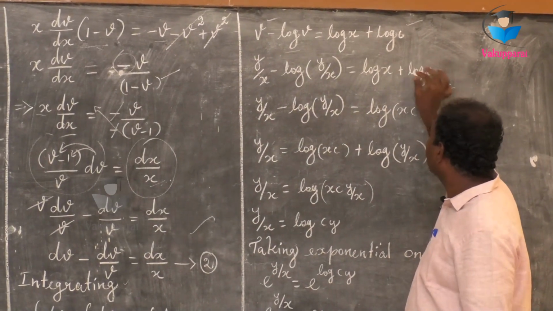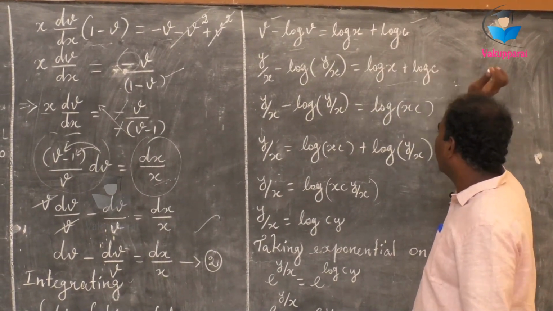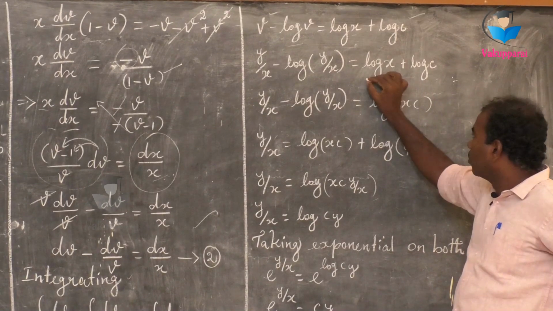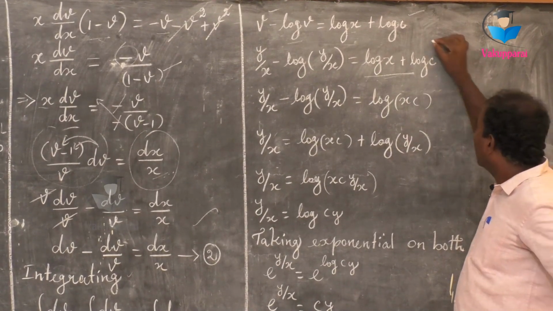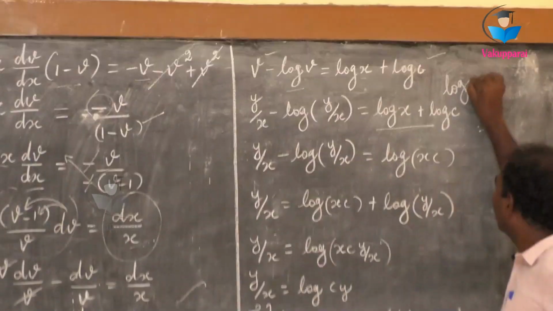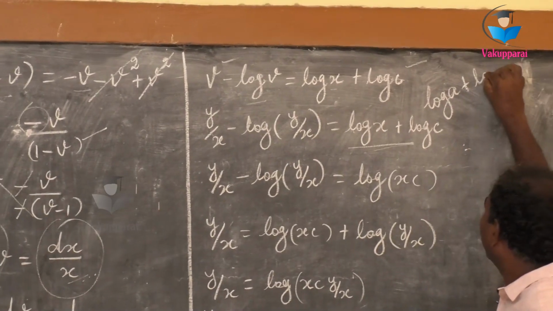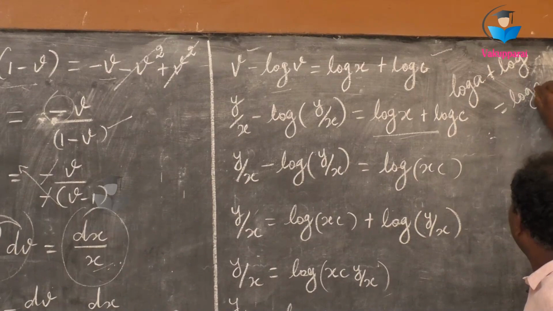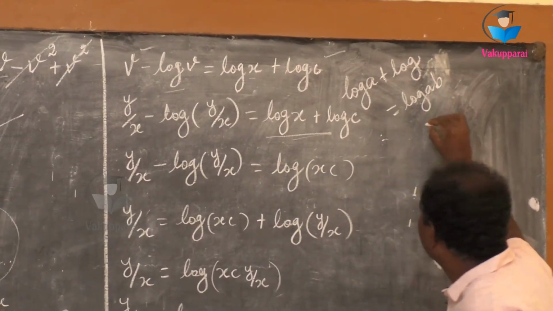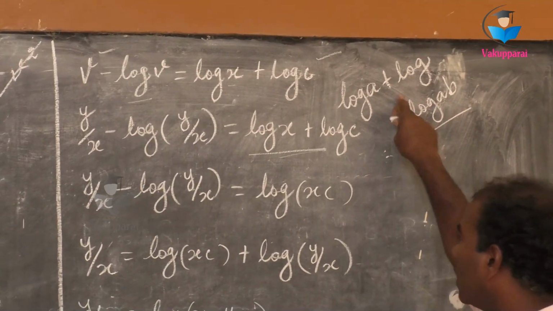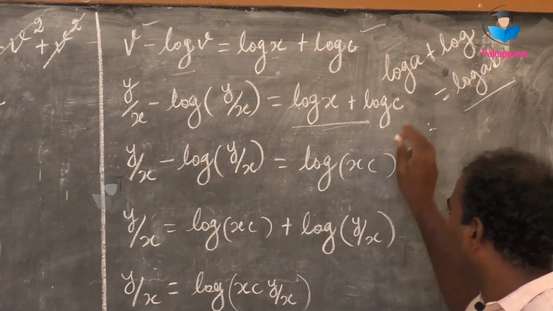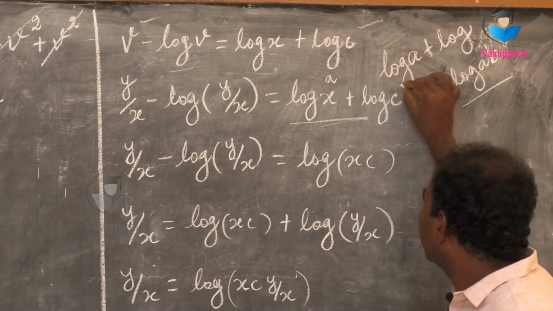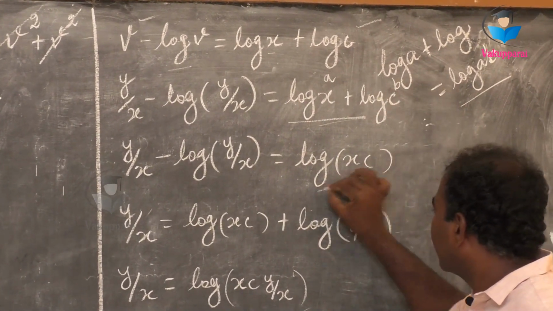Now here we are using the log rule. What is that? log A plus log B equal to log AB. By using the log rule, we bring this one here. This is A, this is B, then it will become like this.